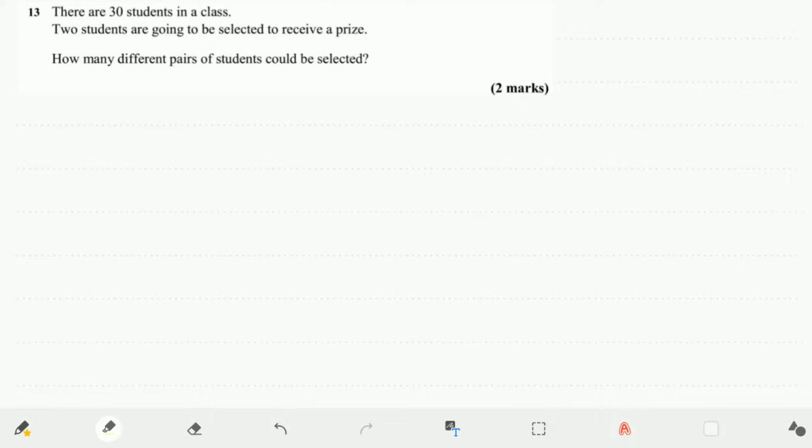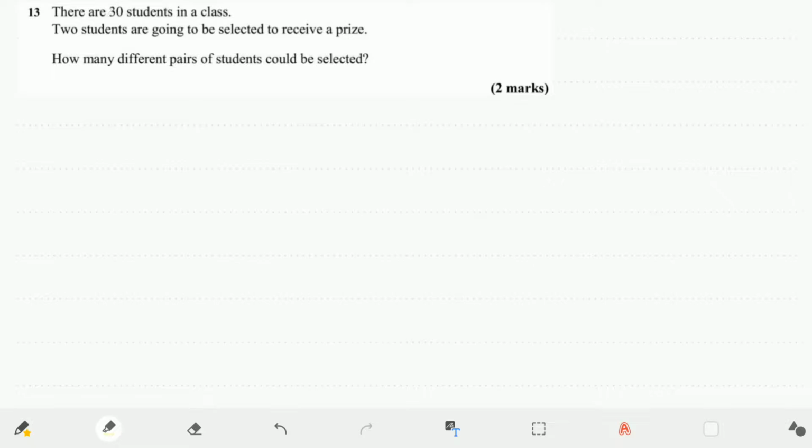So this question says, there are 30 students in a class. 2 students are going to be selected to receive a prize. How many different pairs of students could be selected? Now, the first thing we're going to do is go over the main parts of the question, try and understand what the question is asking, and then we'll get on to answering it.